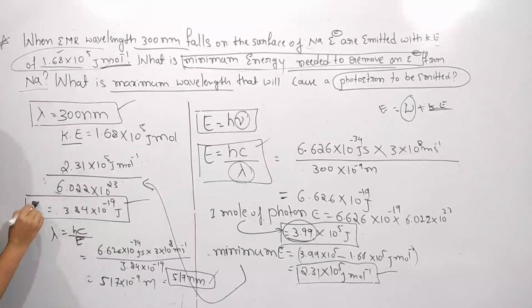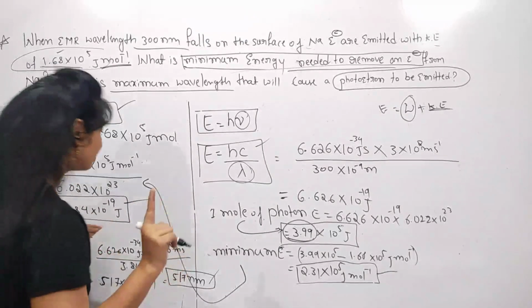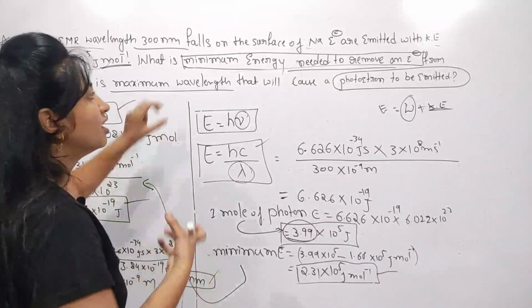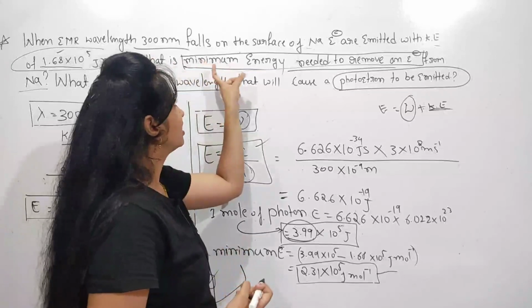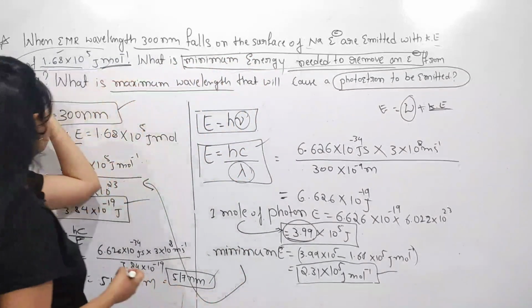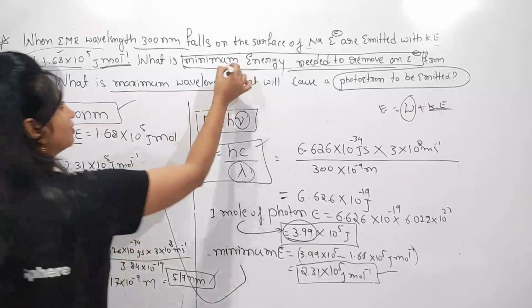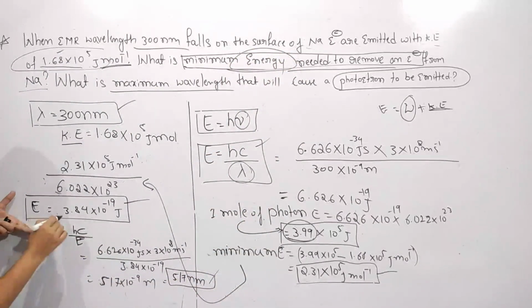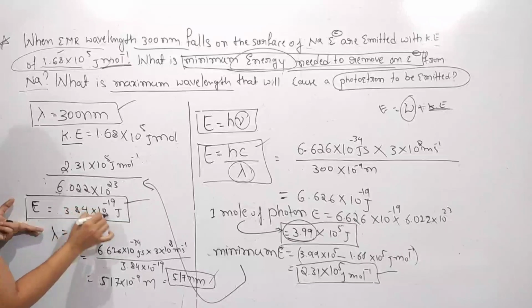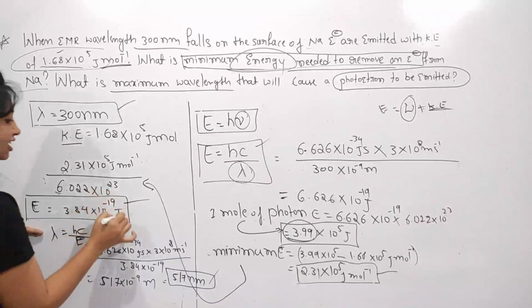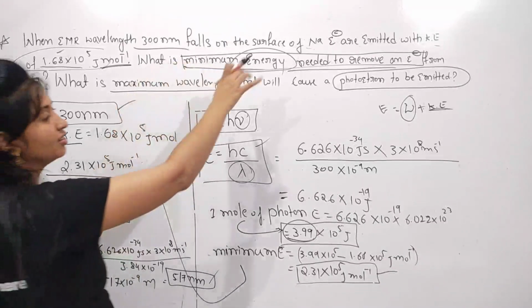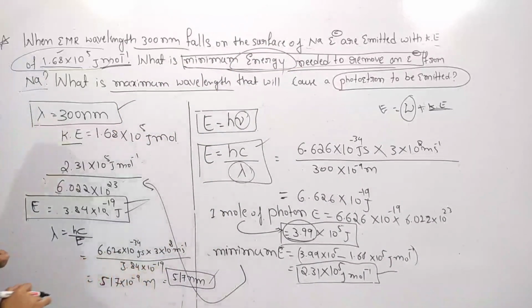Then we get, for 1 photon, to remove 1 electron from the sodium surface, 3.84 × 10^-19 joule of energy is needed.